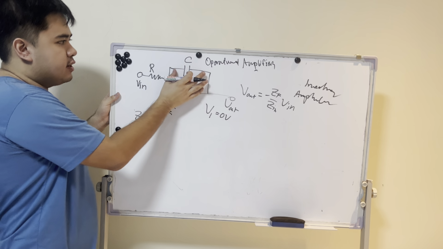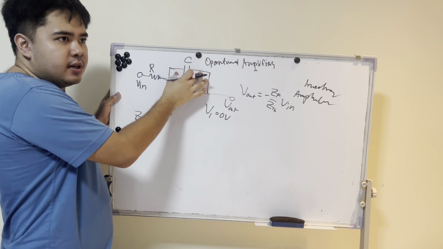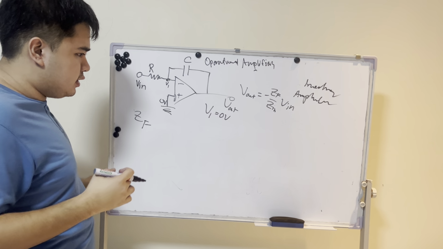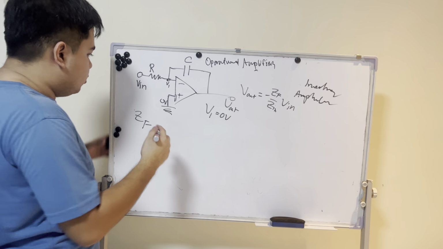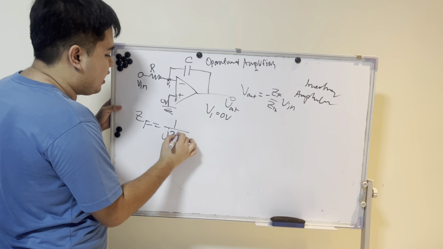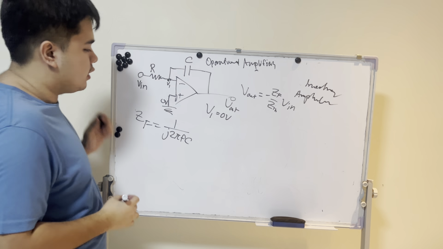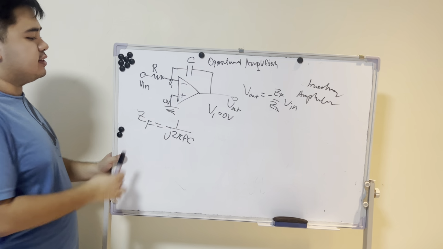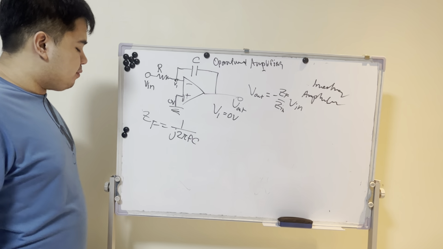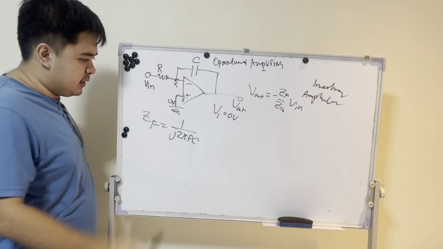That is the impedance in between here. And from circuits and AC analysis, we know that this is 1 over j 2 pi f C. There's a long story about why this is the capacitance, but I don't have enough time to get into that. So this is what we have.